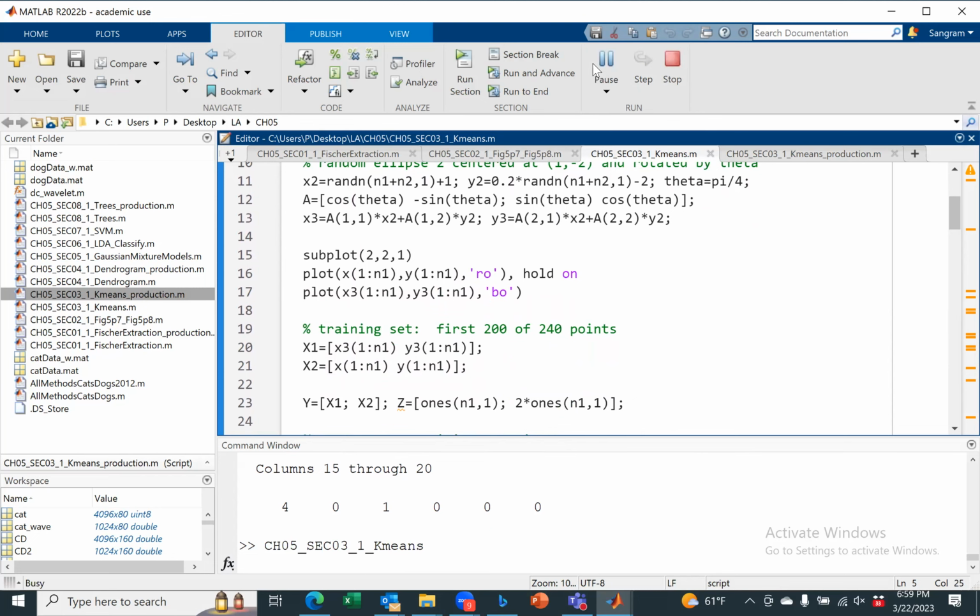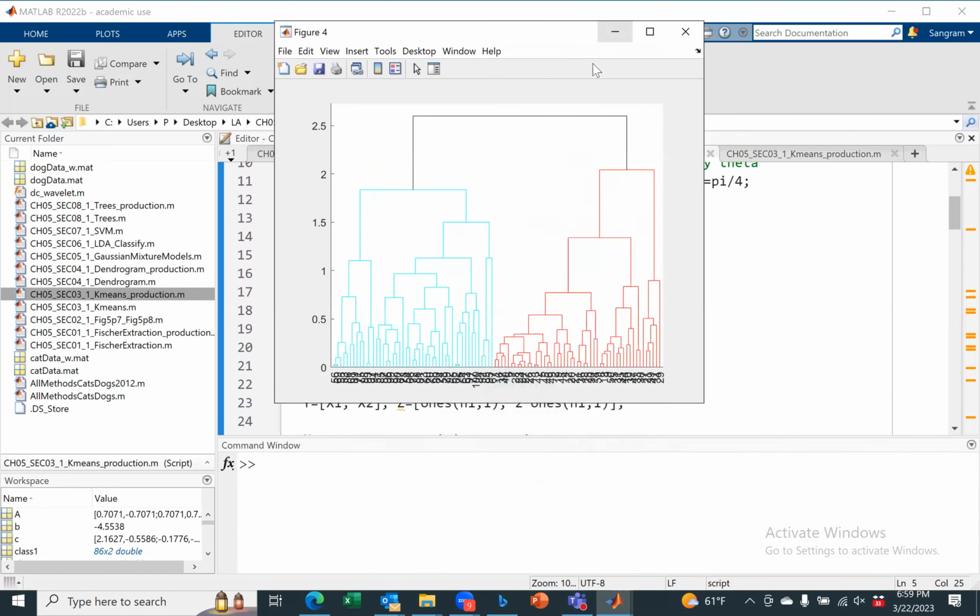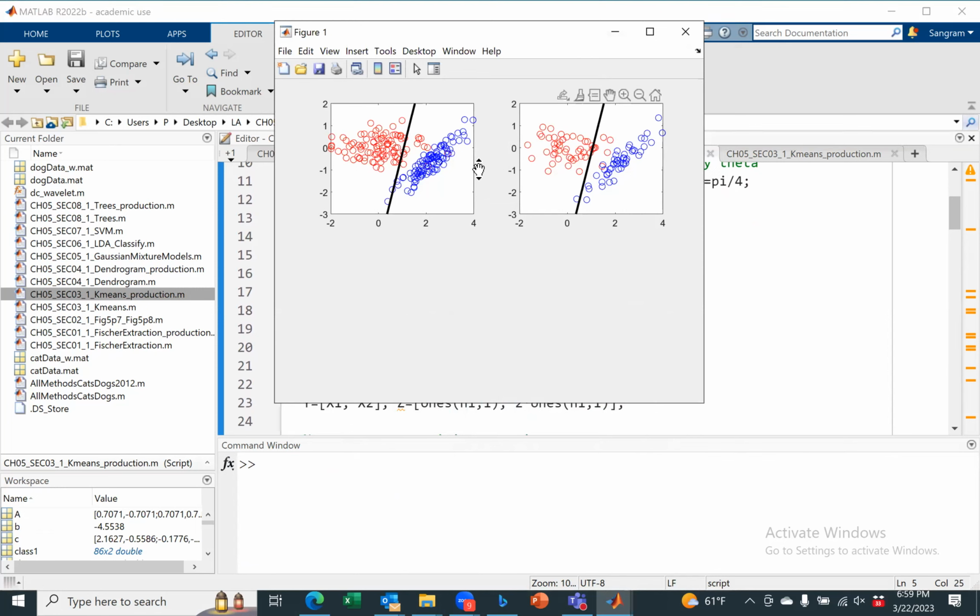So I would encourage you to run this code. Once we run it, I want you to observe that this k-means clustering, using something called Lloyd's algorithm, uses the training data set to identify the clusters, and then you can apply the trained algorithm onto the test data set, and it is able to classify the clusters.